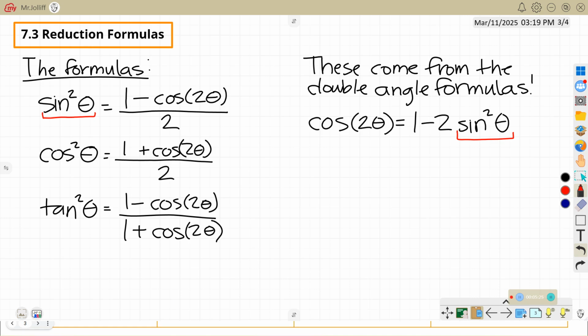Something equals 1 minus 2x squared. How do I get the x squared by itself? Now 20 more seconds.